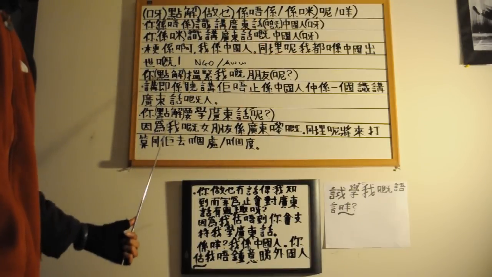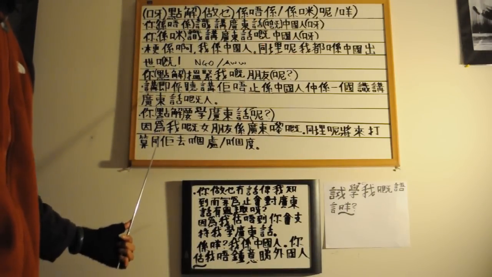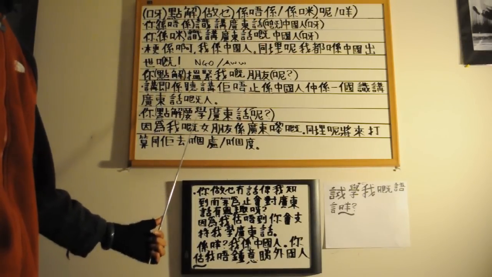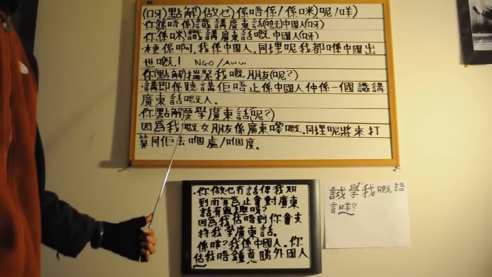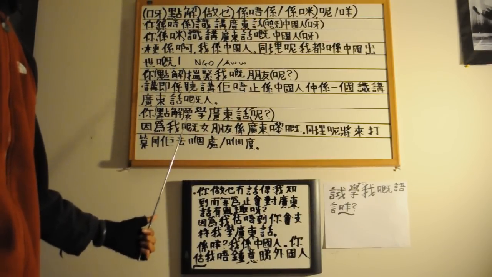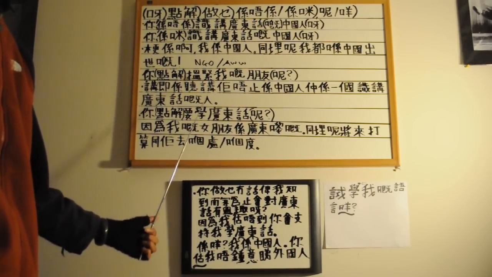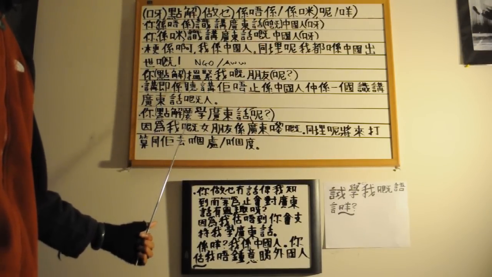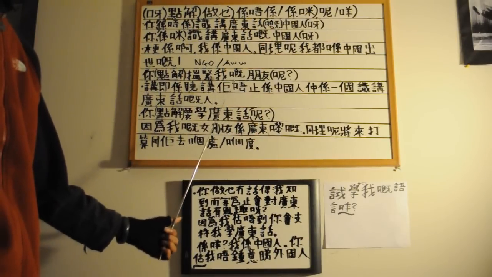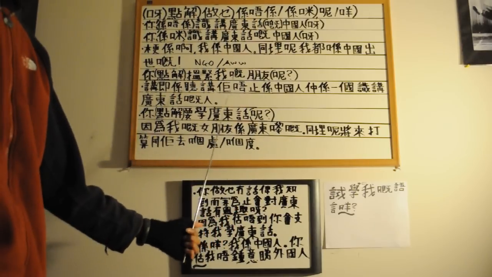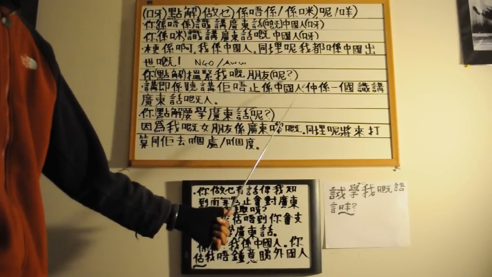So 聽講: 聽 is to listen, 講 is to speak. That means you heard something. So I heard 佢唔知, not only. This is a construction: 佢唔知係中國人, not only is he a Chinese person.